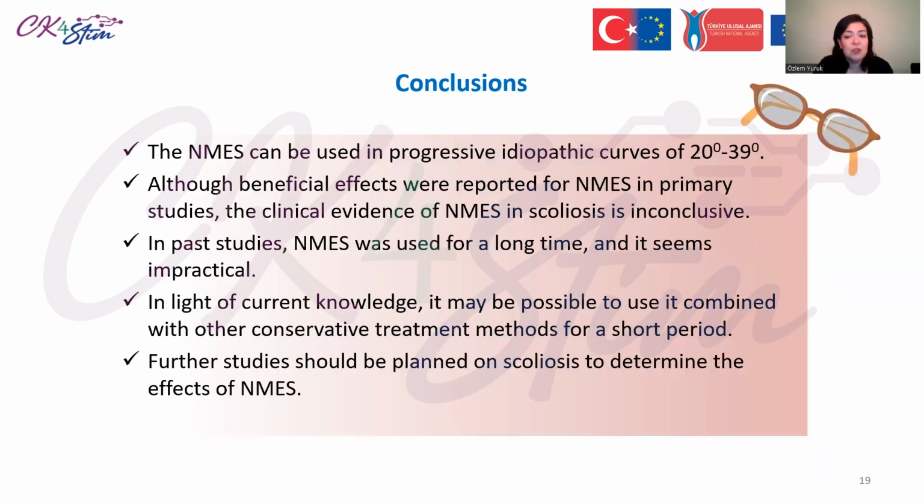And in conclusion, we can say that neuromuscular electrical stimulation can be used in progressive idiopathic curves of 20 to 39 degrees. Although beneficial effects were reported for electrical stimulation in primary studies, the clinical evidence of electrical stimulation in scoliosis is still inconclusive.